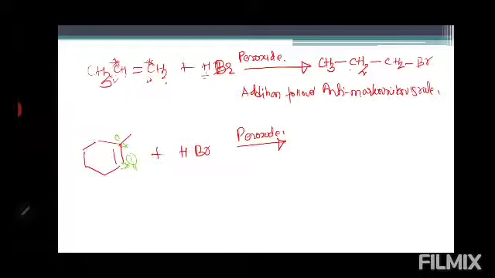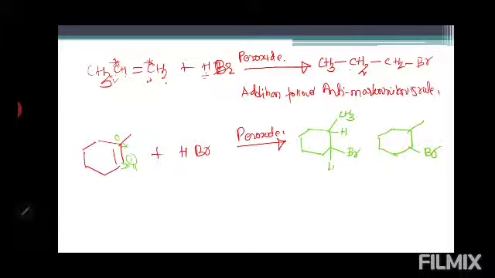So the product is cyclohexane, this is your methyl and here hydrogen will come, this is methyl and in this case your bromine. So simply you can write this as CH3 and Br.